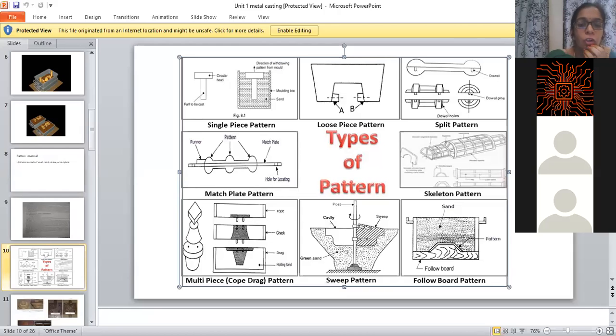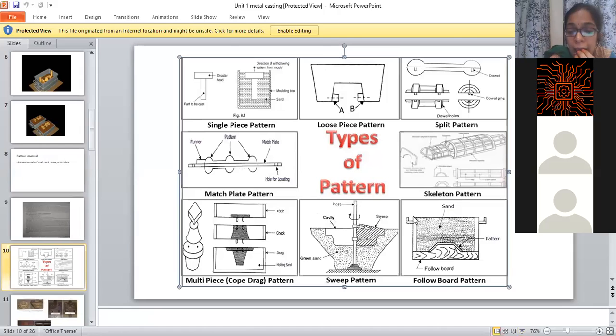Then you will go for sweep. You will have a post here and a section which will rotate. So you will get an axisymmetrical pattern. In the previous patterns it's just a solid figure, but here you will rotate it and create a section in an axisymmetrical way.